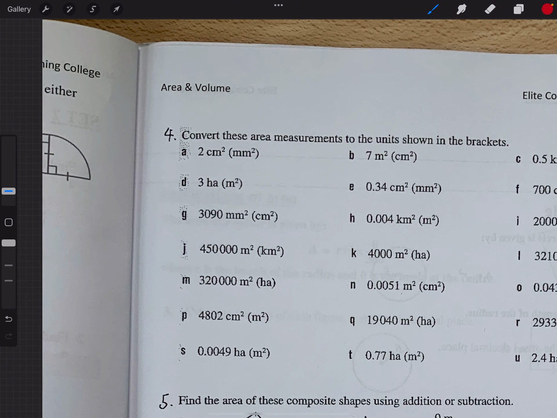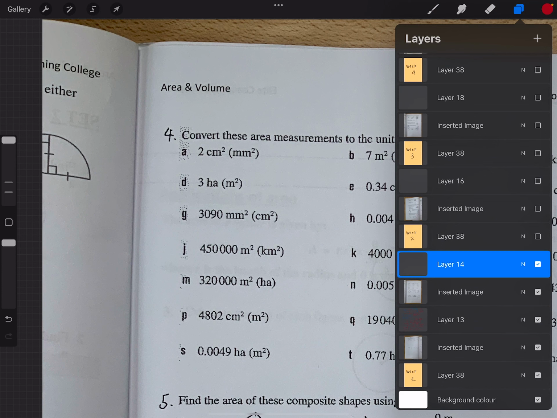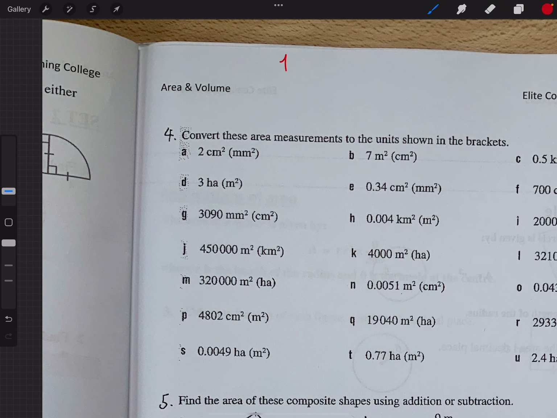Now I know that 1 centimeter squared is equal to 1 centimeter times 1 centimeter, which is equal to 10 millimeters times 10 millimeters, equals 100 millimeters squared. So 1 centimeter squared is equal to 100 millimeters squared. So this one, 2 centimeters squared, must be 200 millimeters squared, and so on.